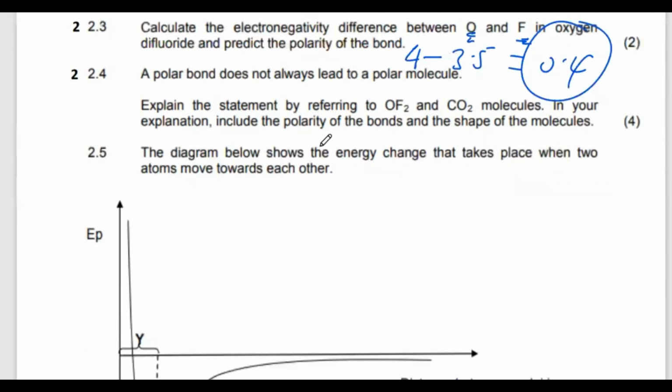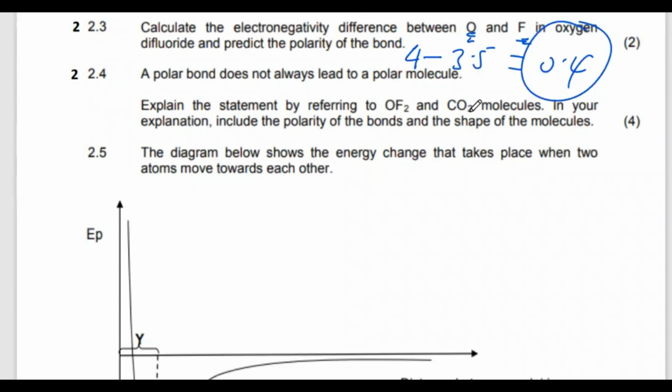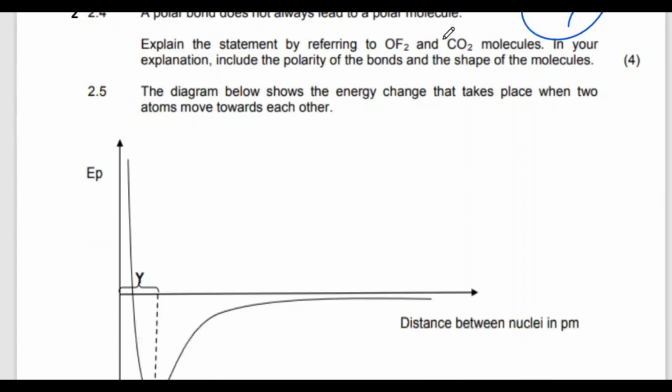They're saying explain the statement, referring to this and this molecule in your explanation. Include the polarity of the bond and the shape of the molecule. So here now what you need to do is to draw the structure and then find out. Okay, this is the oxygen.